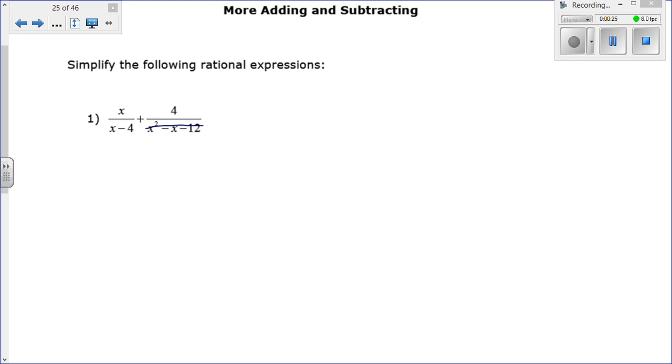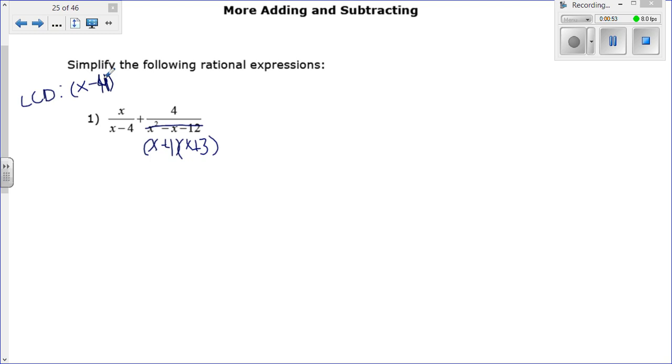So this first denominator over here becomes x, and factors of 12 that subtract to give me 1 are 4 and 3. And it's a -4 and a +3. So then looking at my denominators to find my LCD, my first fraction has an x minus 4, and so does my second fraction, so they have that in common already.